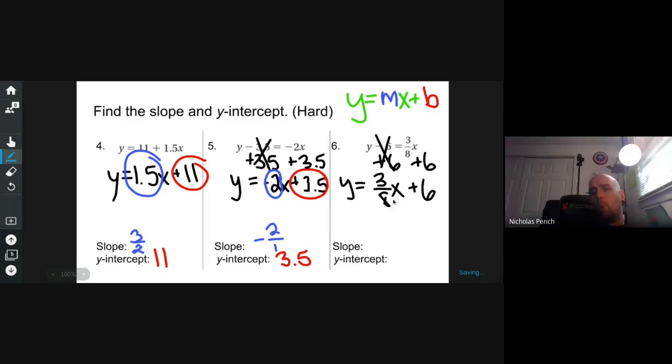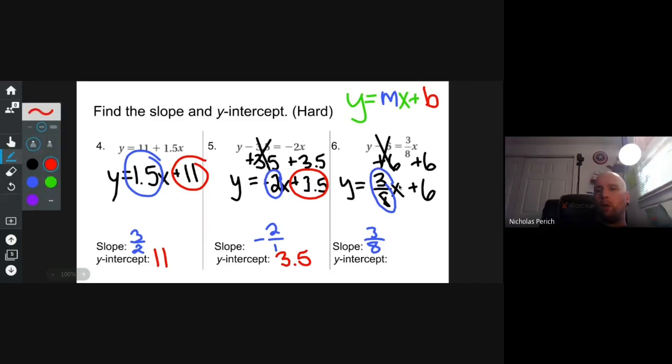Because you have an x and you don't. Why did I put the 3 over 8x first? Because you always put the x part first. Always. Is y all by itself now? So the number in front of x is your slope, which is 3 over 8. And my y-intercept is the number floating around all by itself, which is 6.